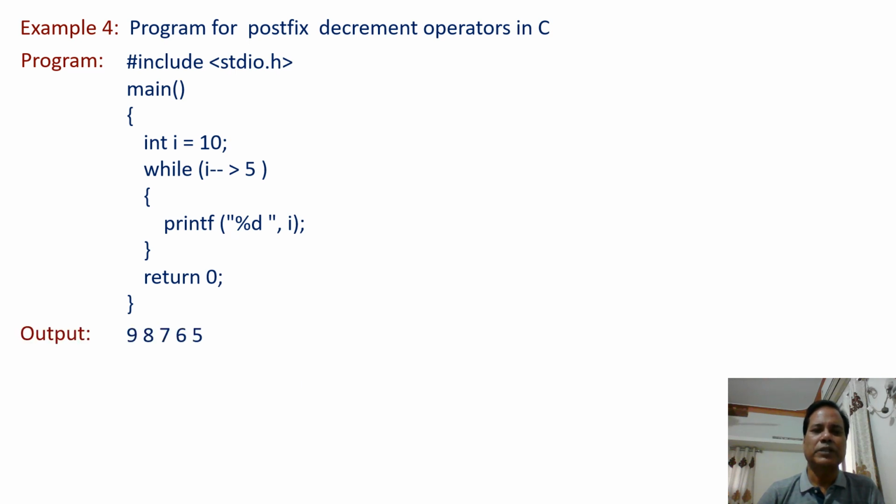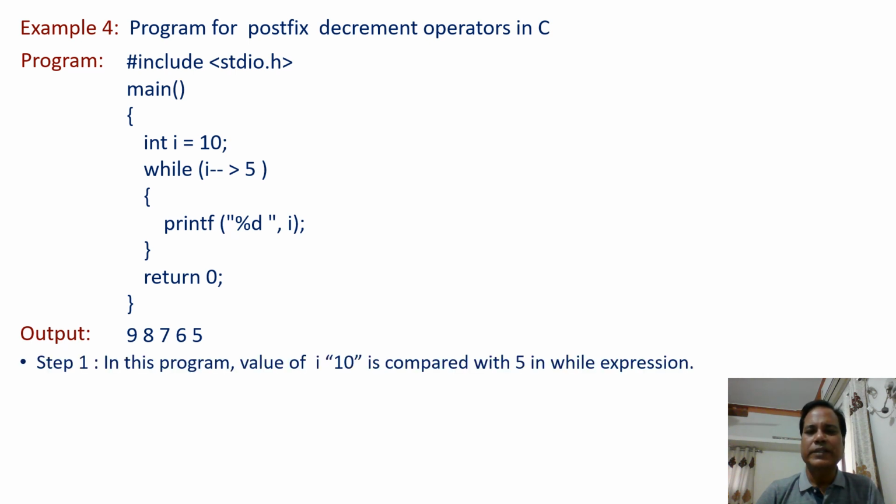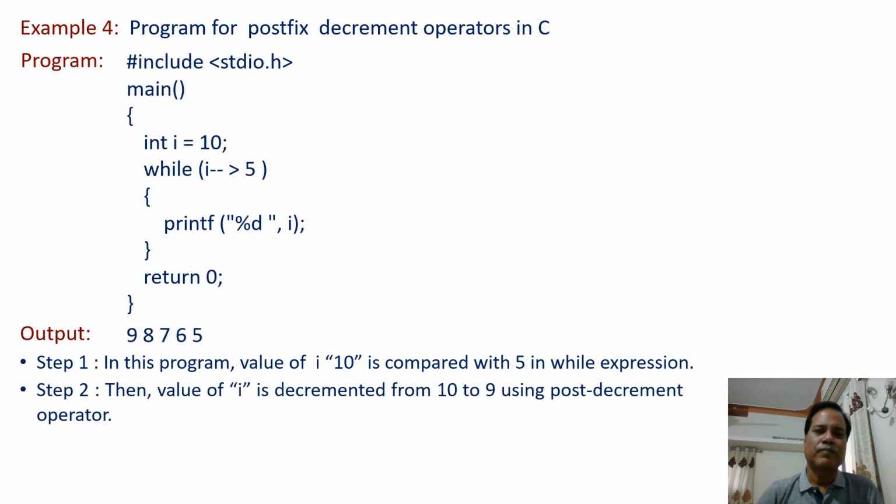So whenever this program is executed, the output displayed is 9, 8, 7, 6, 5, and the steps are written like this. In this program, the value of I, 10, is compared with 5 in the while expression. Step 2, the value of I is decremented from 10 to 9 using the post decrement operator.